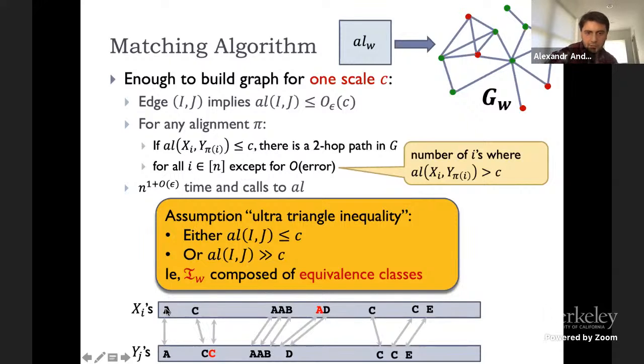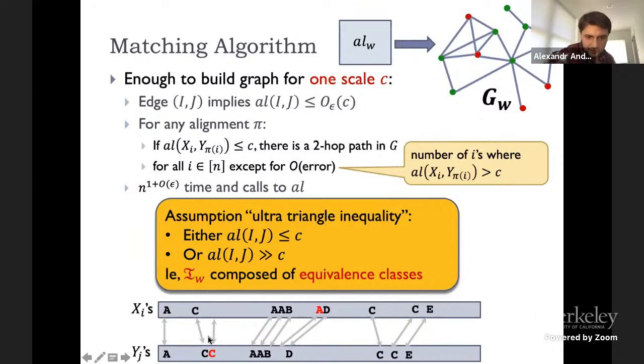I call them capital A or C, where they really represent substrings of the original x and y. This A means that the substring starting here is very close to the substring starting here, very close to the substring starting here, as well as here and so forth, but not to things like C's or B's or D's and so forth.